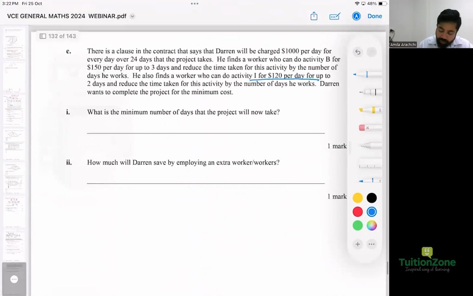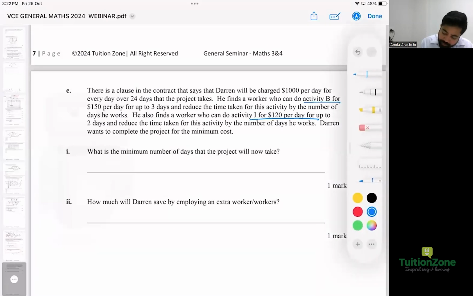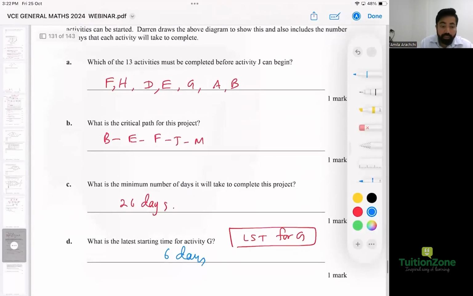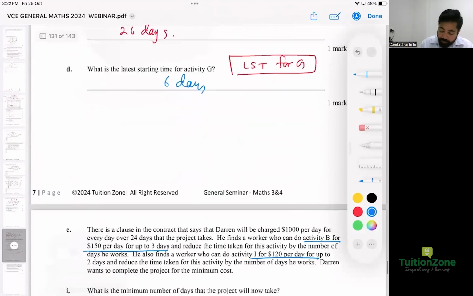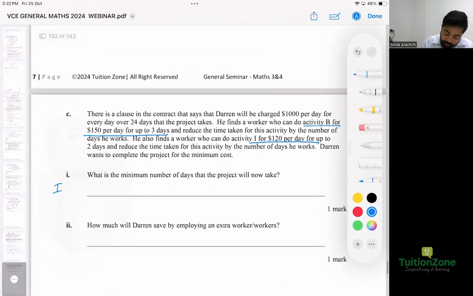So nothing to worry about I. What's the other one we have? B. So B can be delayed up to 3 days. So B is in critical path. Is that true? Yes, it is. B is not critical path, so you definitely look into the B. So don't worry about the I at this stage. But B, definitely.